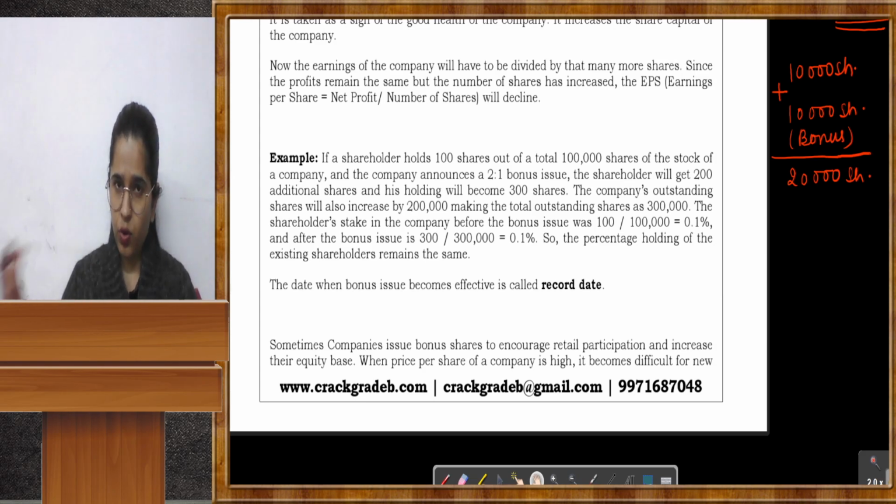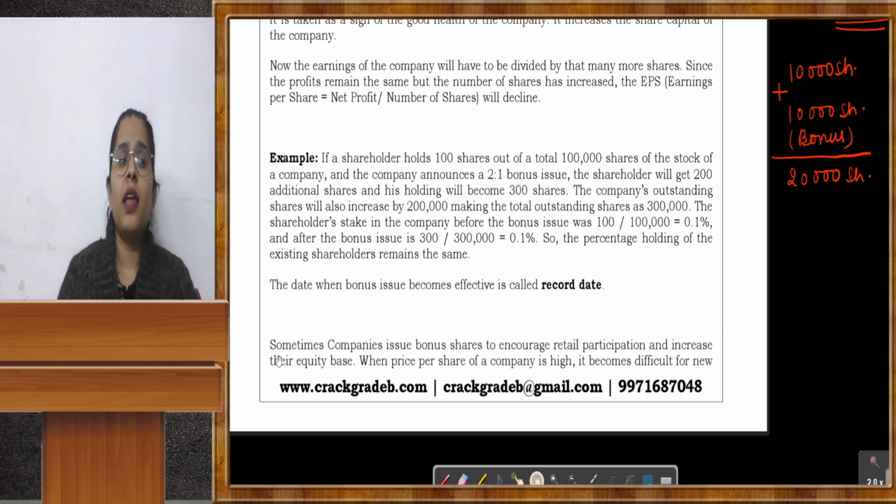If there is a shareholder who holds 51% shares of the company, then after bonus issue also he will hold 51% only. There will be no change in the percentage holding, right? Obviously, there will be a change in the number of shares he's having, but there will be no change in the percentage holding. Next, see, the date when bonus issue becomes effective is called record date.